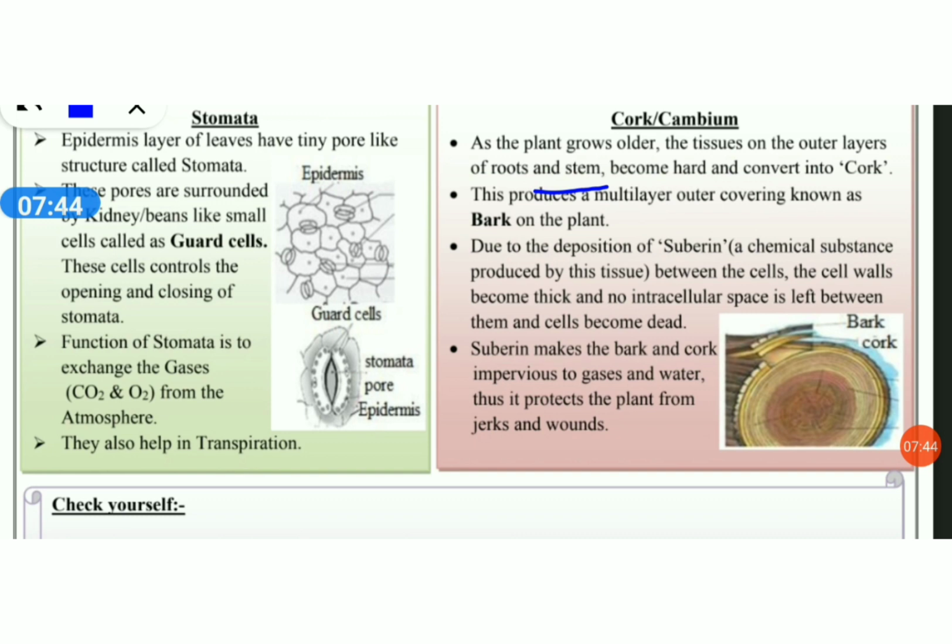Because as the plant grows older, the tissues of the outer layer become hard and get converted into cork, and this multi-layer outer covering is known as bark, and a chemical known as suberin is present, making the cell walls thick with no intercellular spaces between them, which makes the cork and bark impervious to gas and water, and thus it protects the plant from jerks and wounds.